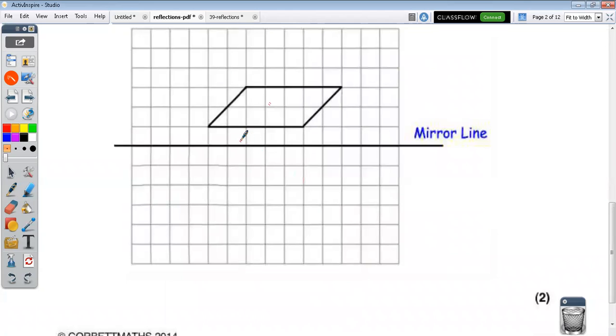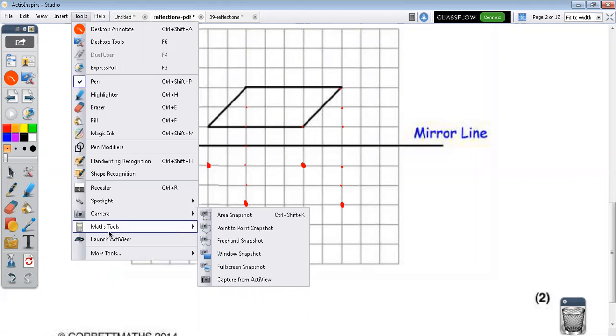Now let's look at this. Apply the same, because this is your mirror line. This point is the same distance away from the mirror. Then this one is 3 boxes, so along the same line, 3 comes here. Then this point here is also 3. Then you join your lines with a ruler.